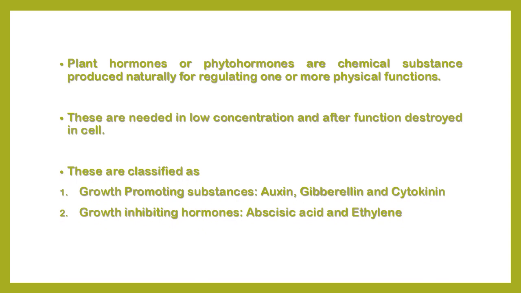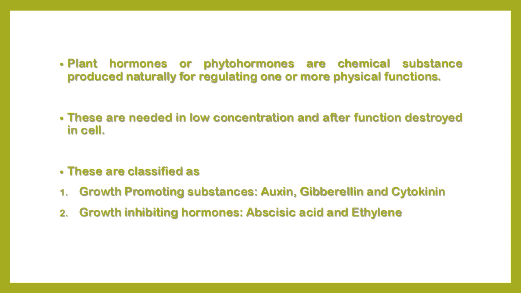These are classified, very important point, into growth promoting substances and growth inhibiting substances or hormones. Growth promoting: auxin, gibberellin and cytokinin. Always remember these three names. Auxin, the main growth promoting hormone. Gibberellin, for the elongation.